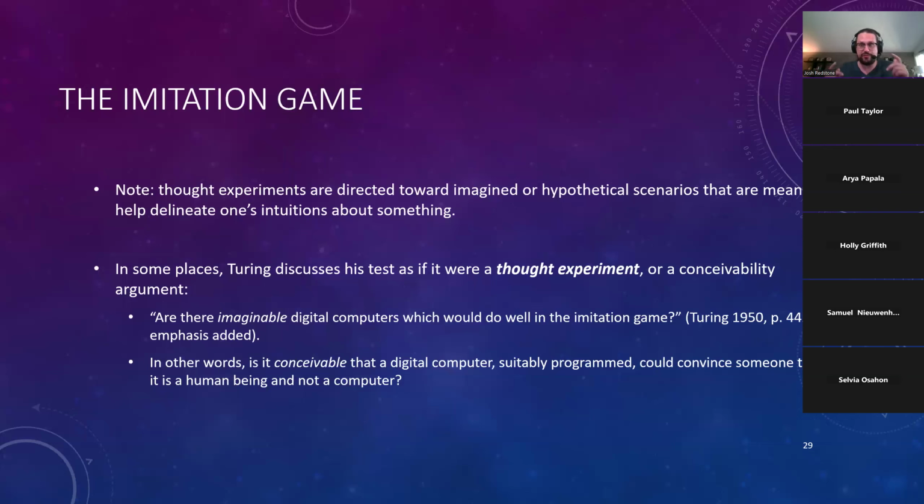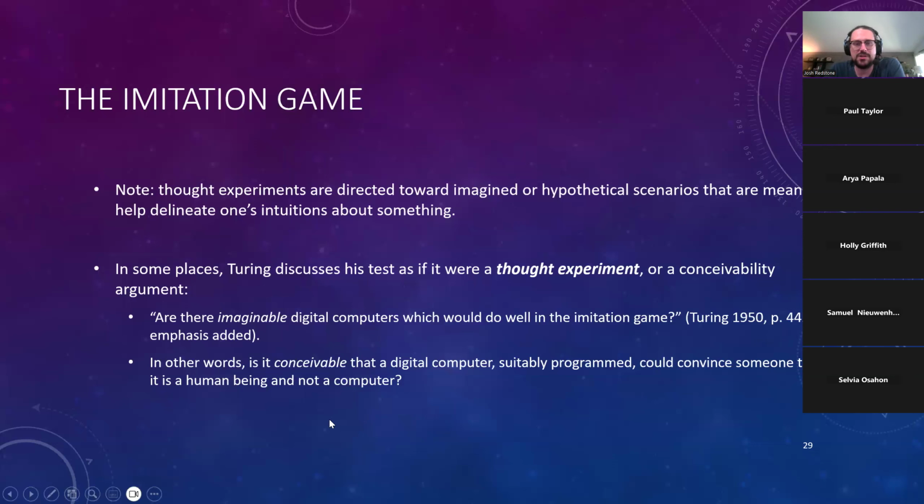Now, there's actually a few different ways we can think of the Turing test. One is as a thought experiment or a conceivability argument. In Turing's paper, Computing Machinery and Intelligence, he asks whether there are imaginable digital computers which would do well in the imitation game. Because of course, computers at that time couldn't have played this game and stood any chance of passing the test.